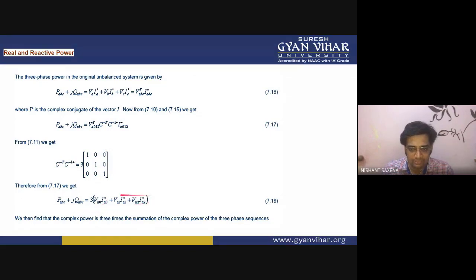VB1 will be equal to 1.0296 with an angle of 116.13 degrees, and VB2 will be equal to 0.0873 with an angle of 267.72 degrees. Similarly, VC1 and VC2 can also be calculated.